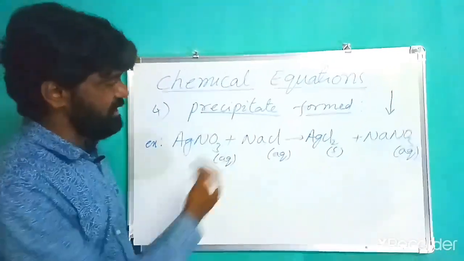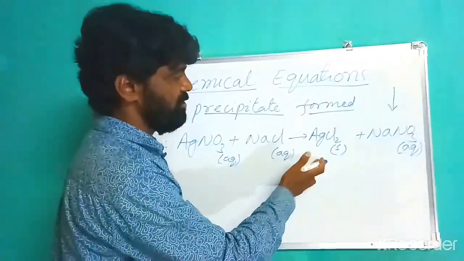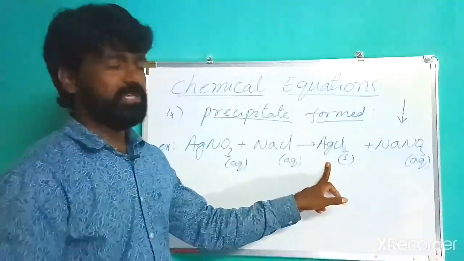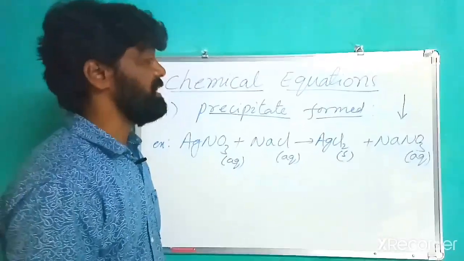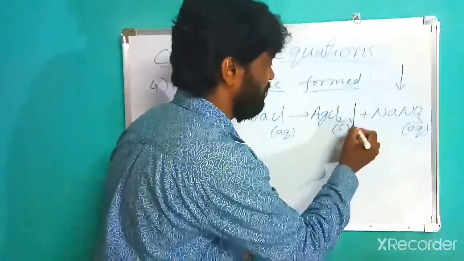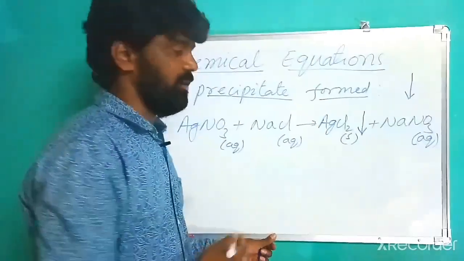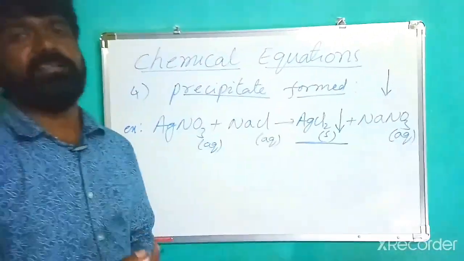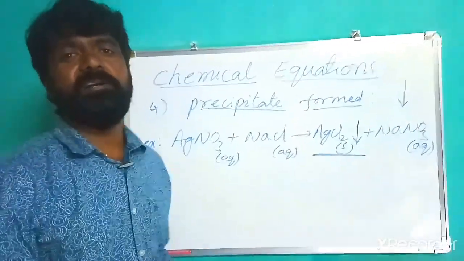AgNO3 plus NaCl gives AgCl plus NaNO3. Here AgCl, silver chloride, is the precipitate, so we indicate this with a downward arrow. If we see a downward arrow, it is a precipitate only.